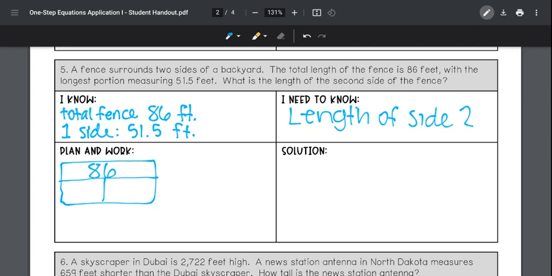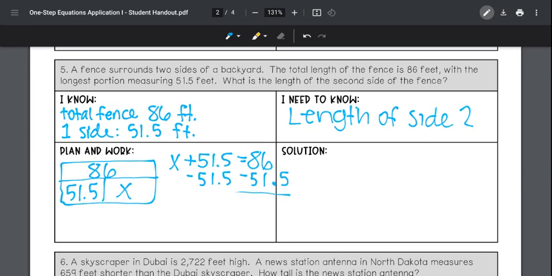We know that part of it is 51.5 feet, but we don't know how long is the rest of the fence to get us our total. Okay, so our equation is going to be x plus 51.5 equals 86. So you need to subtract 51.5 from both sides to get x.